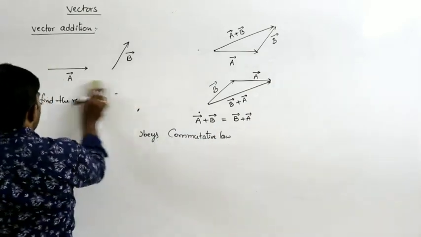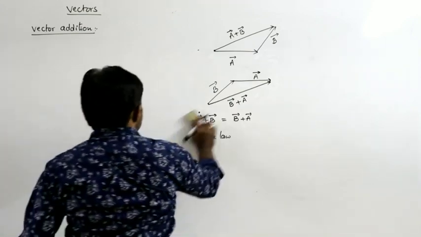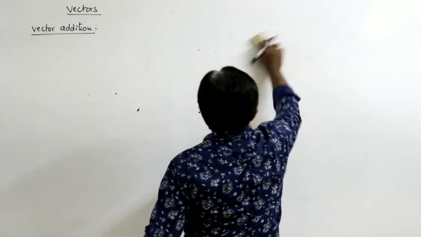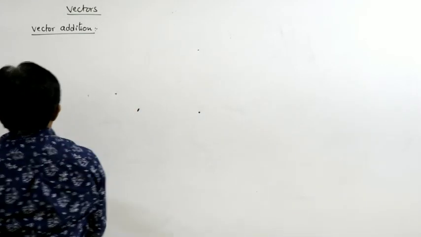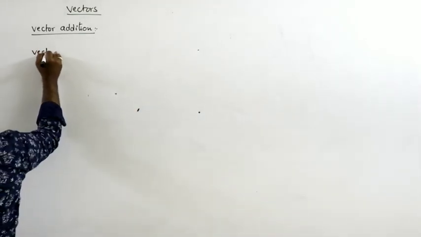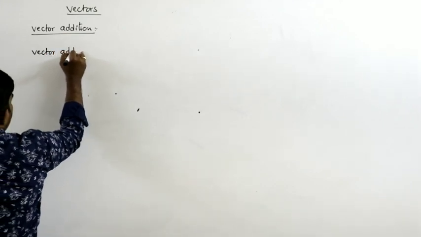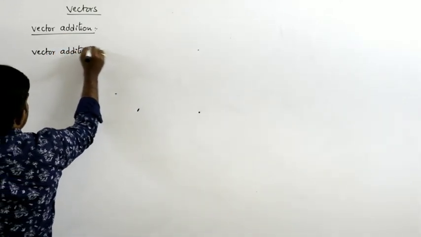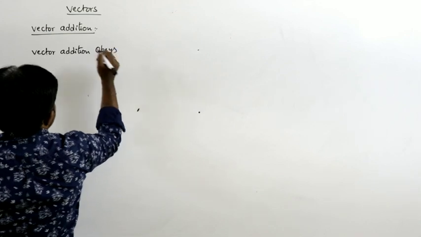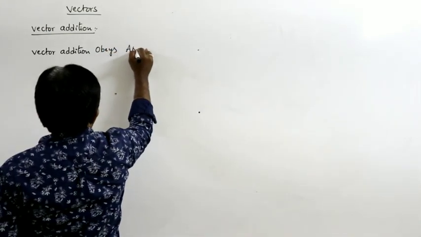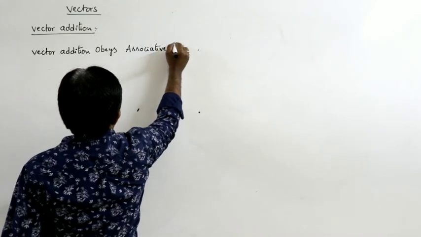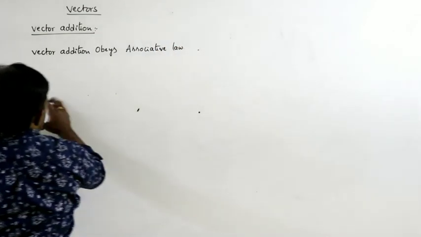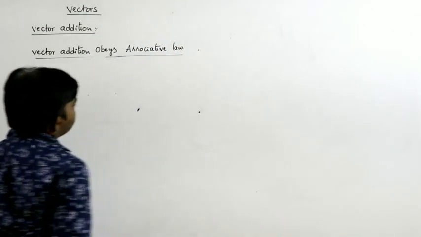Next, vector addition also obeys the associative law. So the second one is that vector addition obeys the associative law.